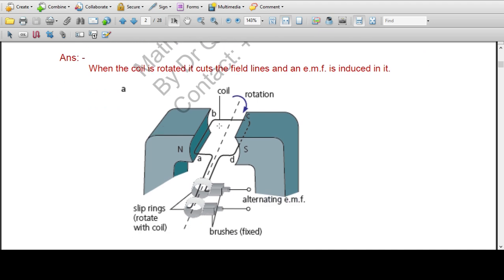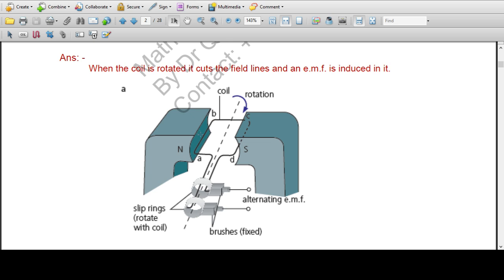This is a rotating coil and it is moving inside a magnet, a permanent magnet or an electromagnet, whatever. So this is a magnet where this coil is turning clockwise.